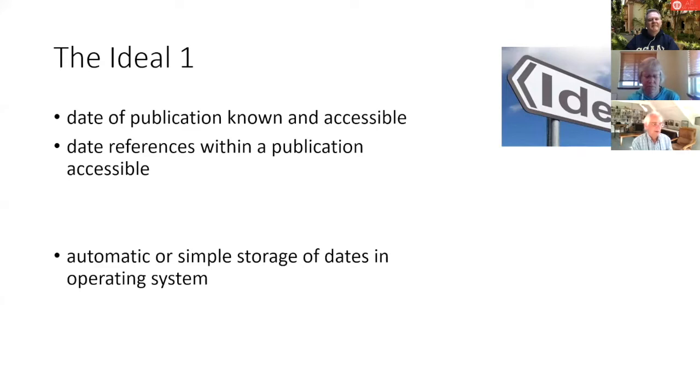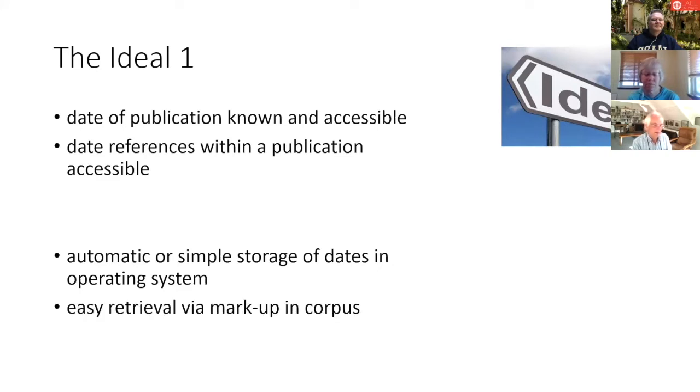In this ideal world, we would then know for each publication what date it is. We'd be able to know which dates it refers to, that may not be the same date as the date it was published. And we would have some simple way of storing dates in the operating system so that the computer itself could sort things by the appropriate date.